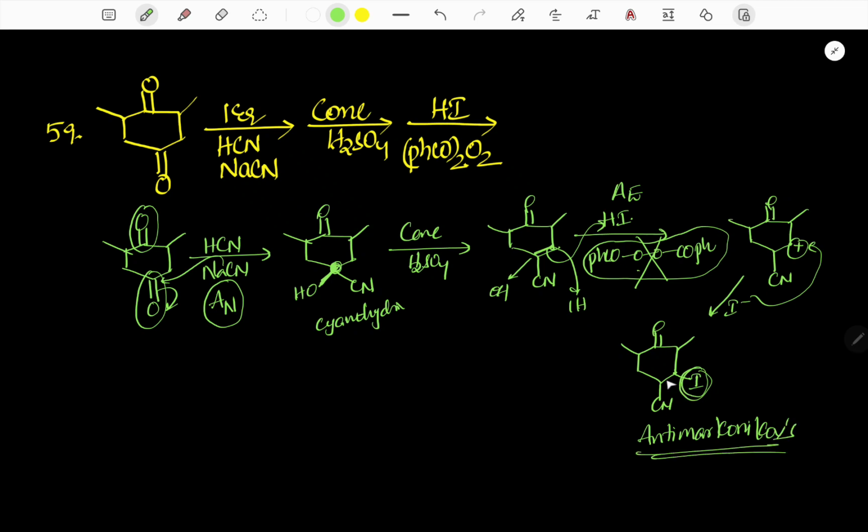Negative addendum adds to the carbon which has more hydrogens, anti-Markovnikov. Negative addendum adds to the carbon which has fewer hydrogens, Markovnikov. So first reaction is nucleophilic addition, second reaction is dehydration, and third reaction is electrophilic addition.